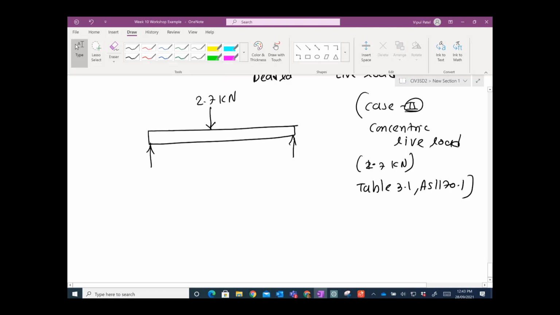Now let me calculate the moments that we need for 2.7.